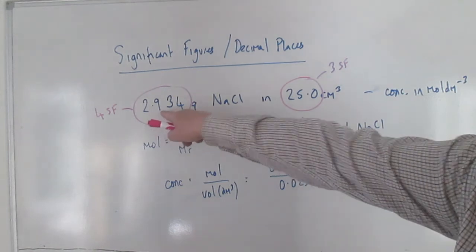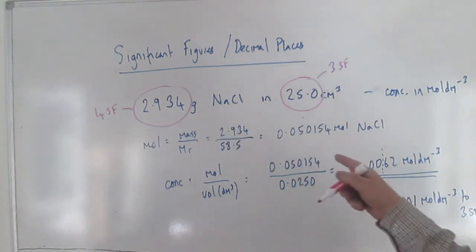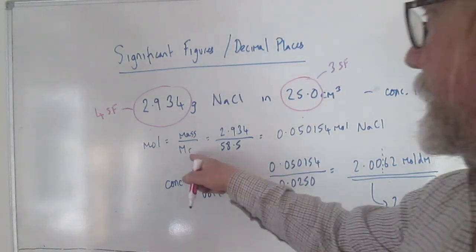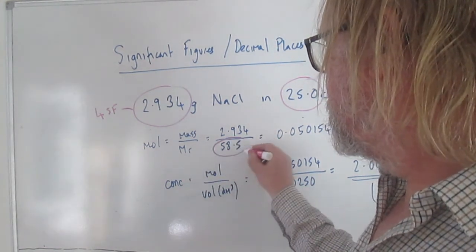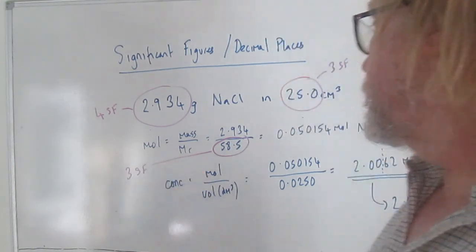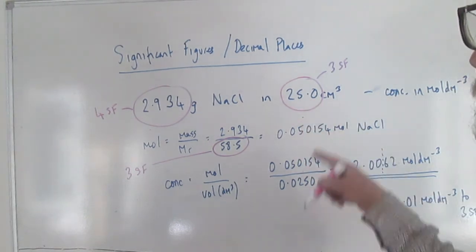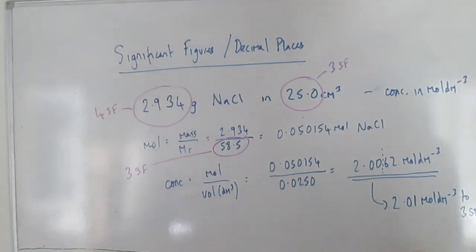Okay, so we've got 1 to 4 significant figures, 1 to 3 significant figures. We needed the Mr, which is also 3 significant figures, and we needed the volume, which we've already used. In fact, 25.0 is 3 significant figures.